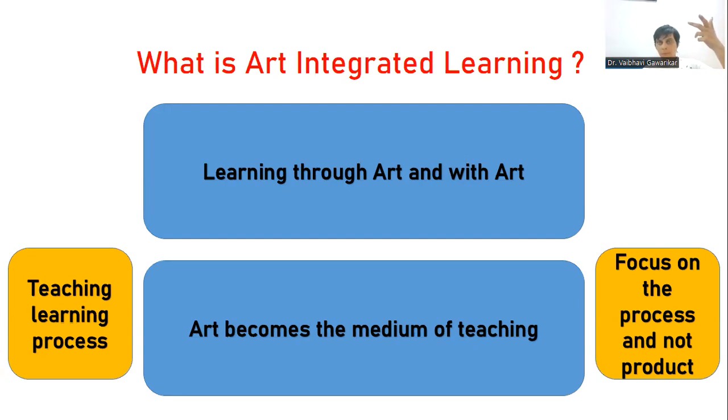So am I teaching angles through those dance postures, right? Then that art, that dance form or those particular postures, becomes a medium of teaching angles, and I think that becomes a very creative process.